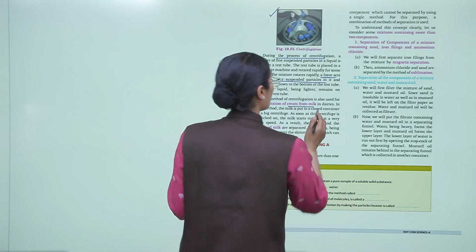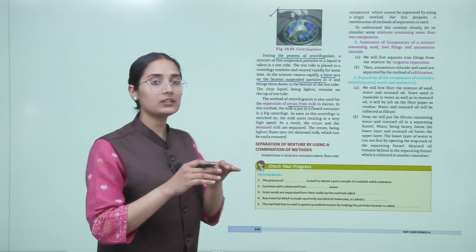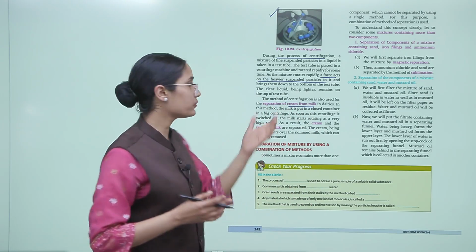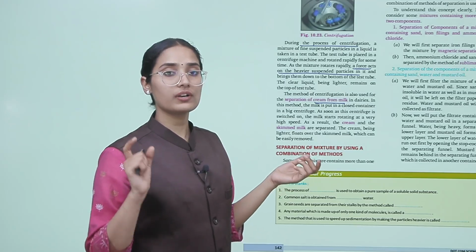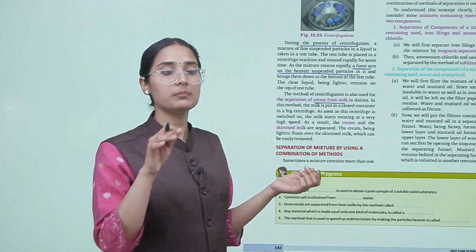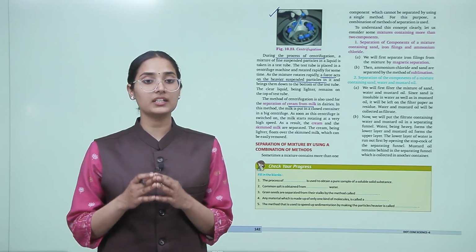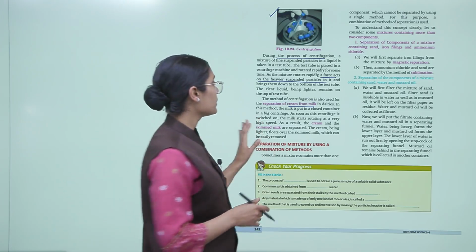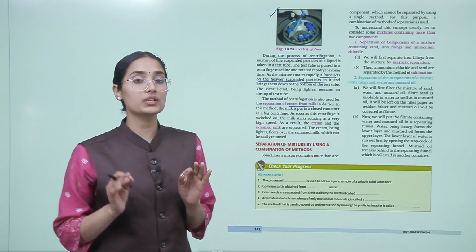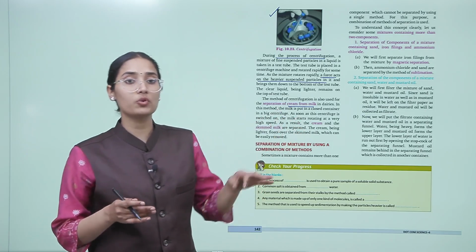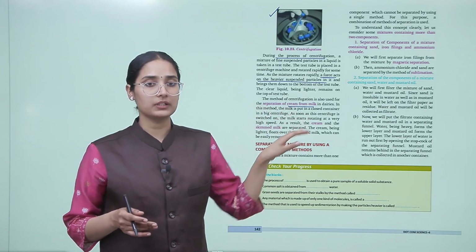The cream, being lighter, floats over the skimmed milk, which can be easily removed. So this method of centrifugation is not just used in scientific laboratories, but is also used in dairies to separate cream from the milk, right?